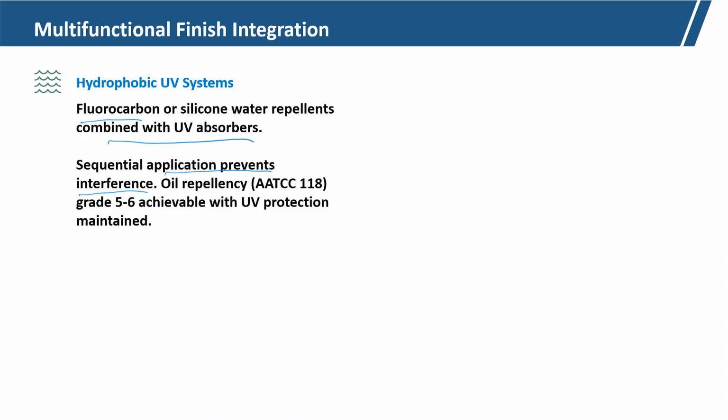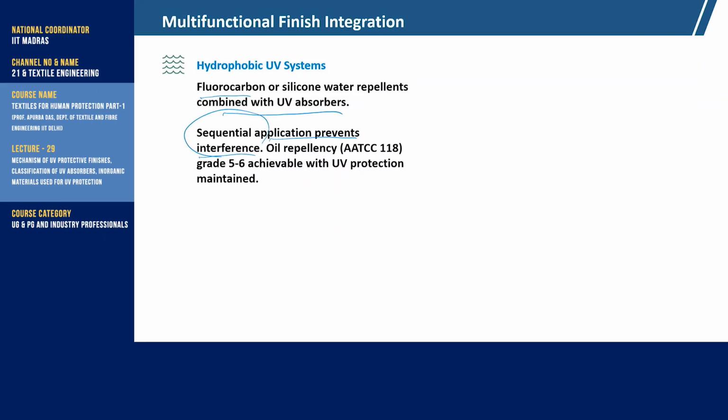That is why we use sequential application. Oil repellency by AATCC 118 grade 5 to 6 is achieved and UV protection is maintained, so by sequential application we can do that.